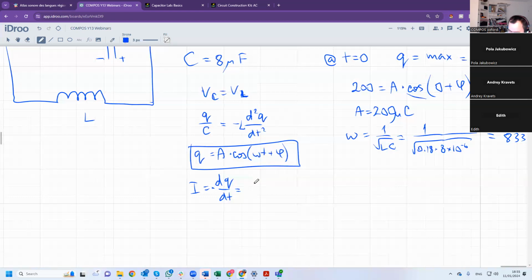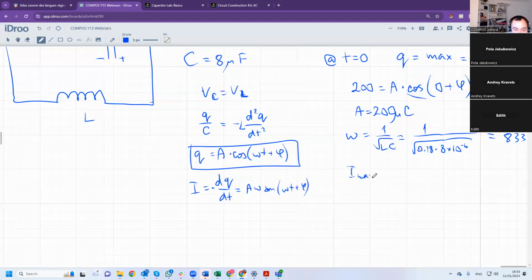So it's not exactly correct to say it's minus. I've chosen it to be negative because of that. And okay, so I differentiate that, and using the chain rule it's going to be A omega sine of omega t plus phi.